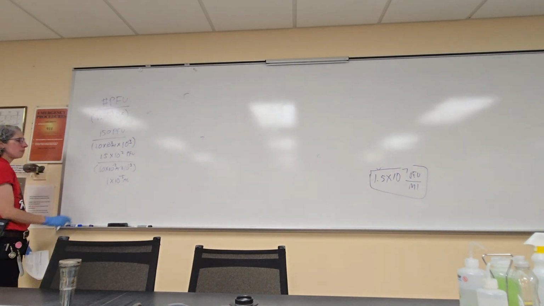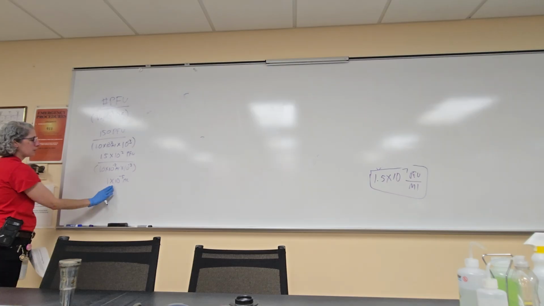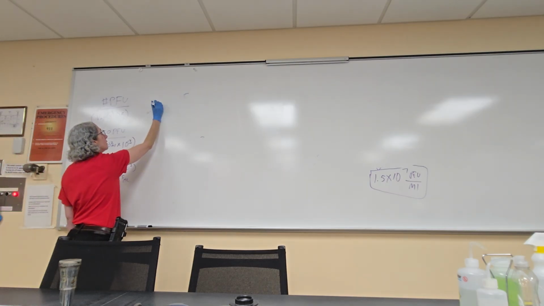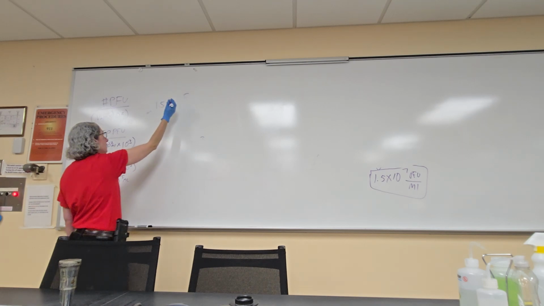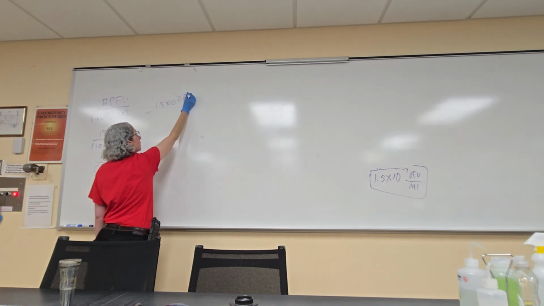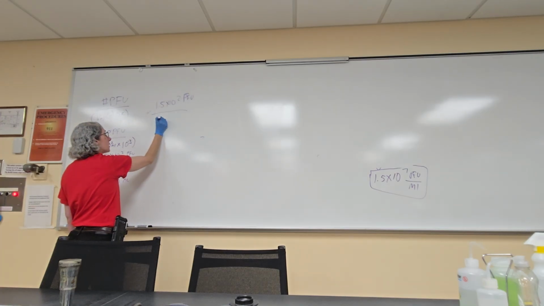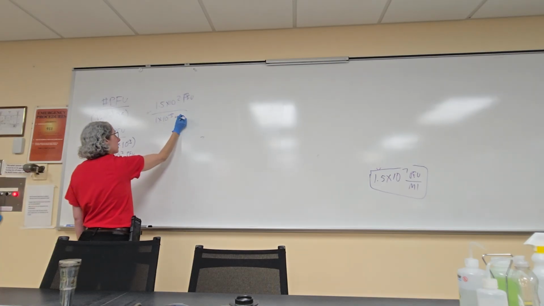And now we can do the division of 1.5 times 10 to the 2 divided by 1 times 10 to the minus 5, so I'm going to make it nice and clean over here. 1.5 times 10 to the 2 PFU over 1 times 10 to the minus 5 mil.